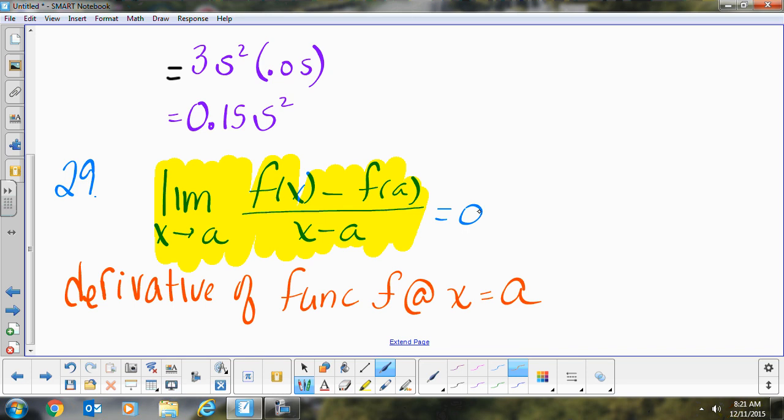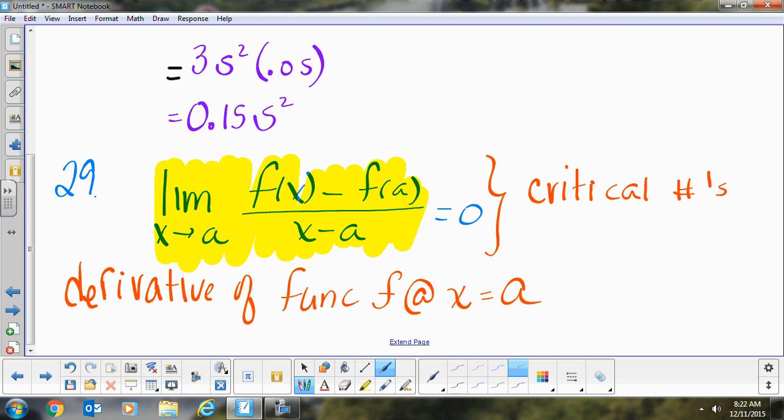Now, they're saying that the derivative equals 0. What does that mean this is going to be? What do we get when we set the derivative equal to 0? Okay, how about let's just go with critical numbers. And these critical numbers could be what, Caleb? Could be a maximum, it could be a minimum, or neither, right?